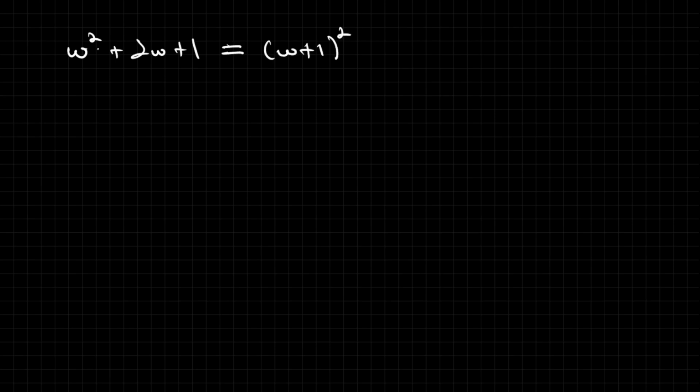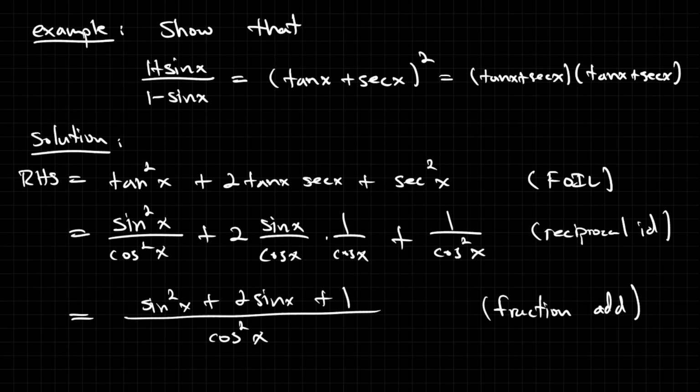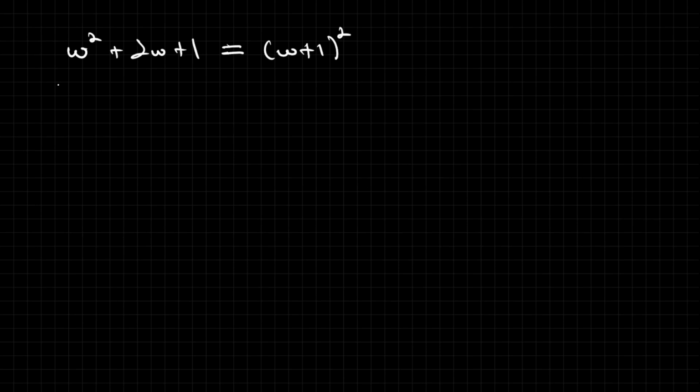So if you replace all the w's with sine x, that's exactly what you have in the numerator. And so what we have is (sin x + 1) squared divided by cosine squared x. So this is just factoring.